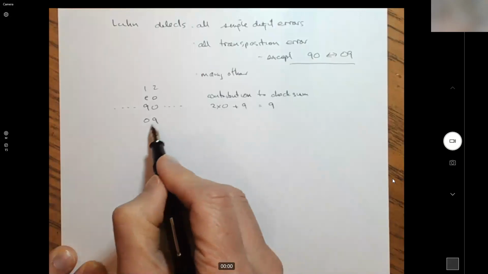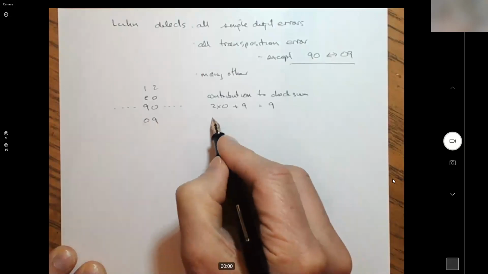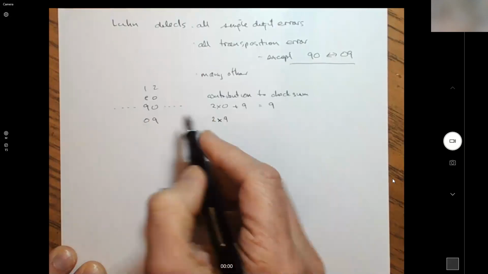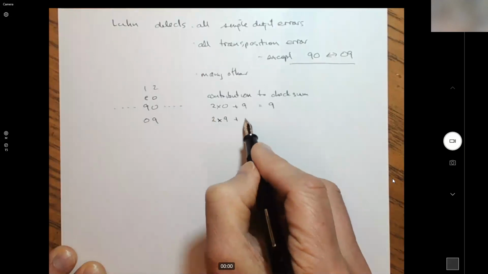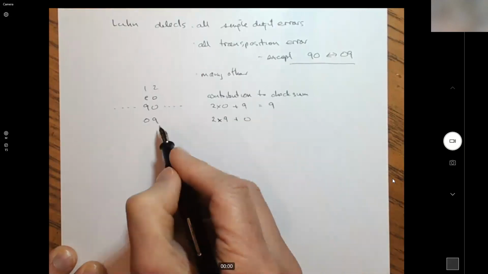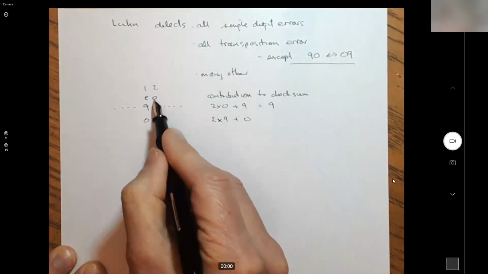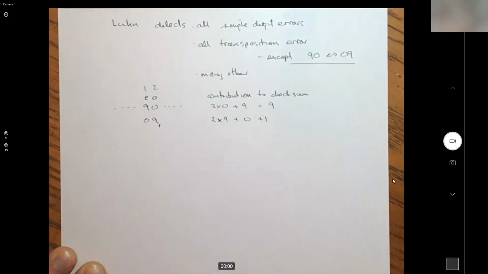On the other hand, if you swap them around, transpose them, the 9 now contributes 2 times 9, because the odd position gets a weight of 2. 0 doesn't contribute anything, but because the 9 is now in the odd position, there's an extra 1 in that count of numbers greater than 4.